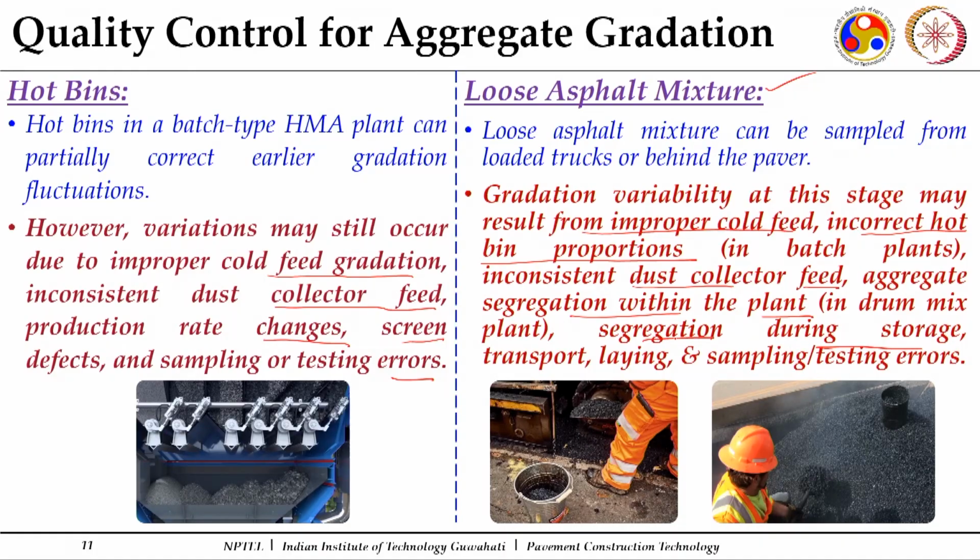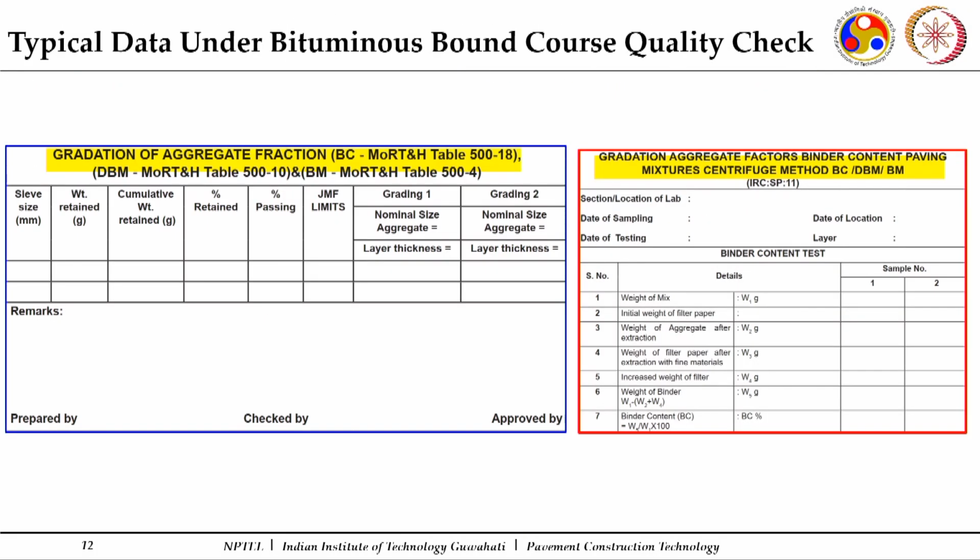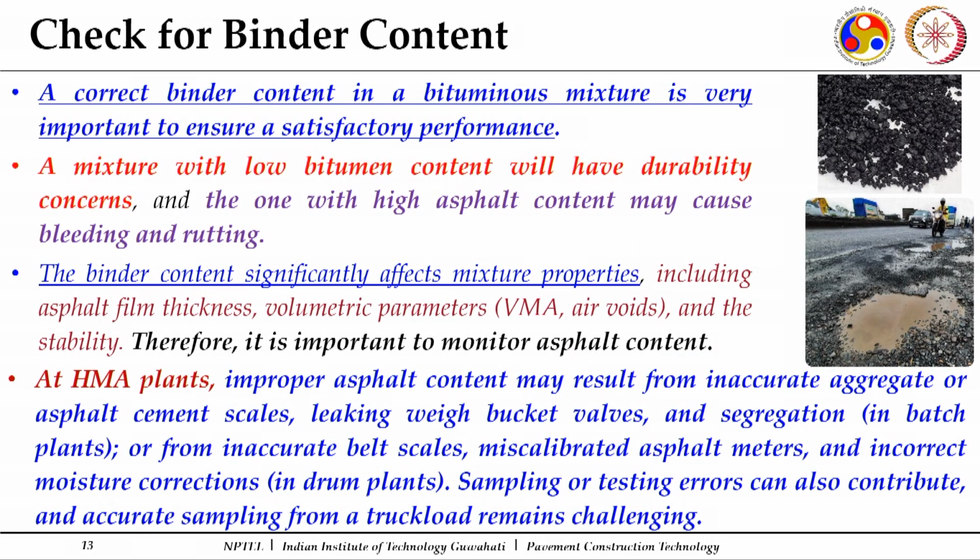So, if we are collecting after that, some segregation may be happening at your storage silos also. Transport, laying and sampling errors. So, I can work out with the control charts where actually my variability is happening. And then you have these standard tables specified by the Indian Roads Congress guidelines as well as the MORTH specifications to compile the information.